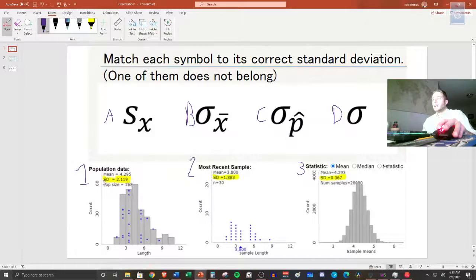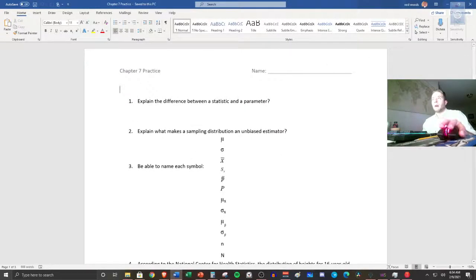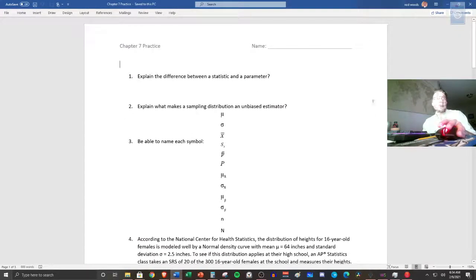First off, we have the standard deviation of the population data. This is everything. So our symbol for that is sigma. Okay, that's what that standard deviation represents, your population standard deviation. We have a practice worksheet that I just put up on Kidem yesterday. You have all of these symbols here.